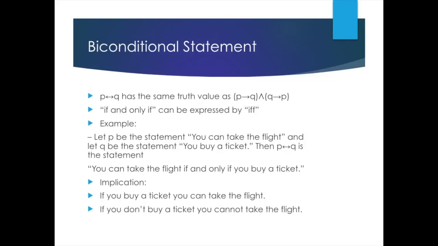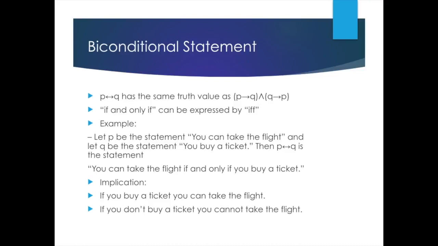Here what we are saying is that you can take the flight if and only if you buy a ticket, or you buy a ticket if and only if you take the flight. So this is the translation of this biconditional statement to simple English.